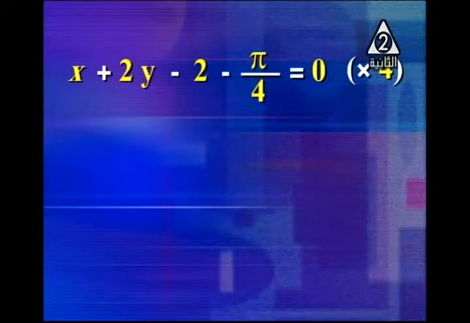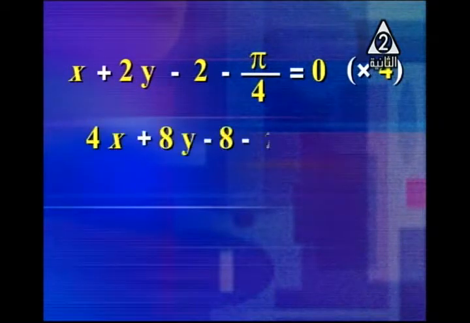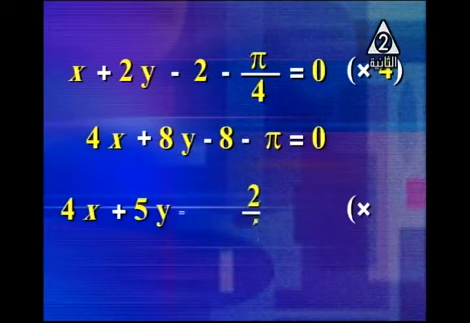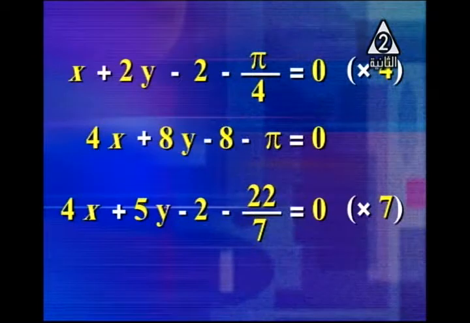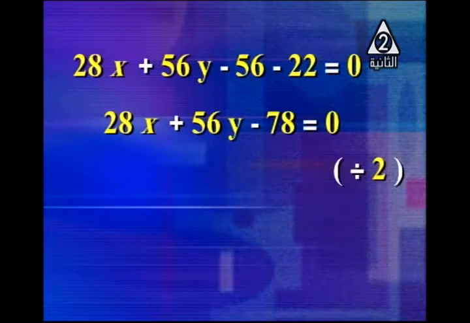Multiply each term by 4. The answer is 4x plus 8y minus 8 minus pi equals 0. Then 4x plus 8y minus 8 minus 22 over 7 equals 0. Multiply by 7. The answer is 28x plus 56y minus 56 minus 22 equals 0.